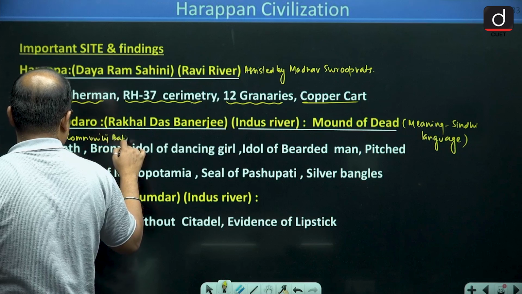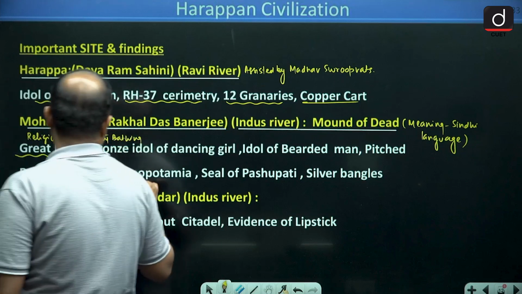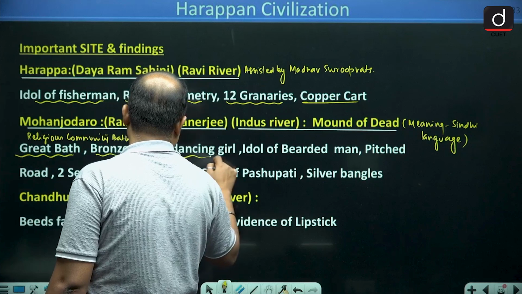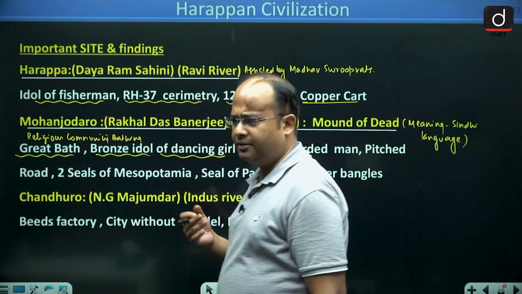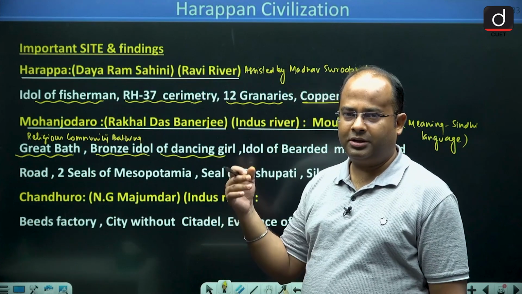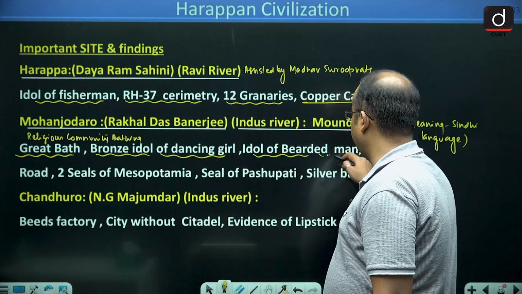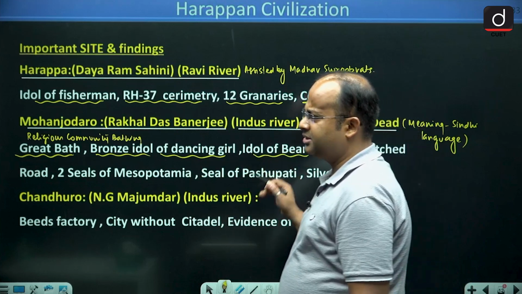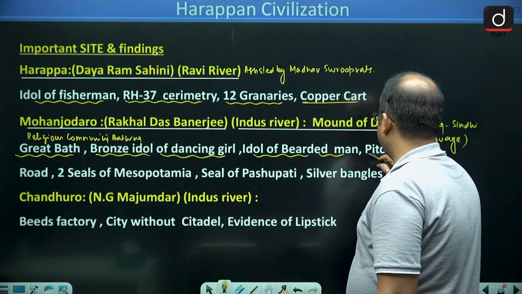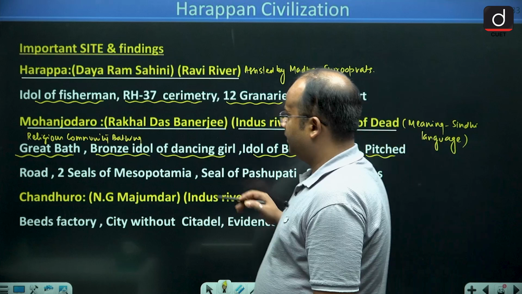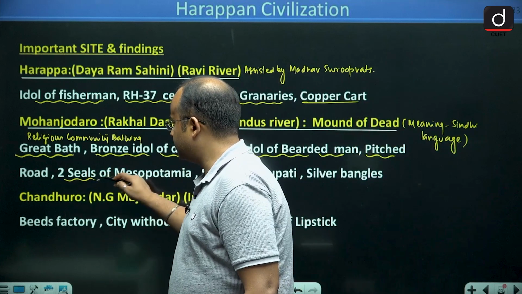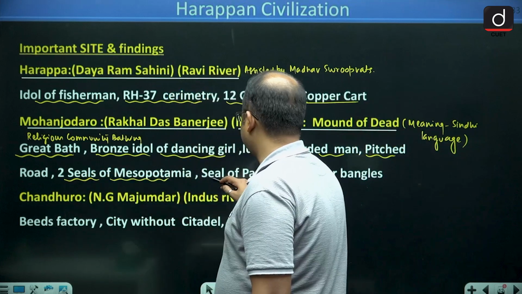Then we have found a bronze idol of a dancing girl, that shows the affection towards dance and music. Then an idol of a bearded man, who is considered a priest. Then paved roads, two seals of Mesopotamia and the seal of Pashupati.